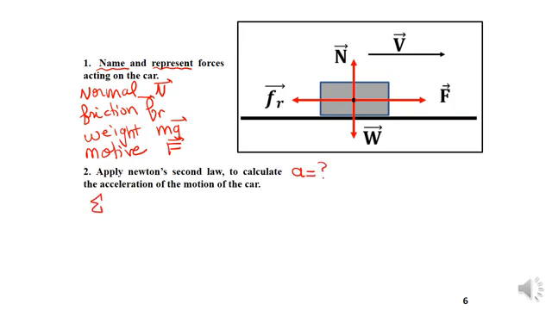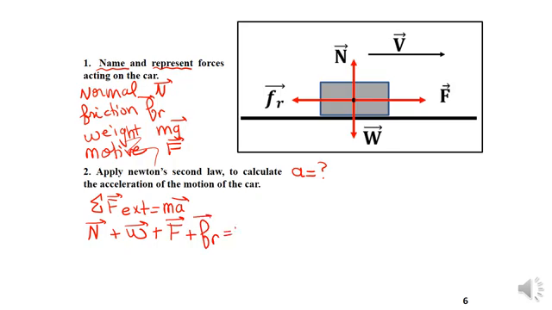Newton's second law states that the sum of external forces equals ma, then N plus W plus F plus Fr equals ma.